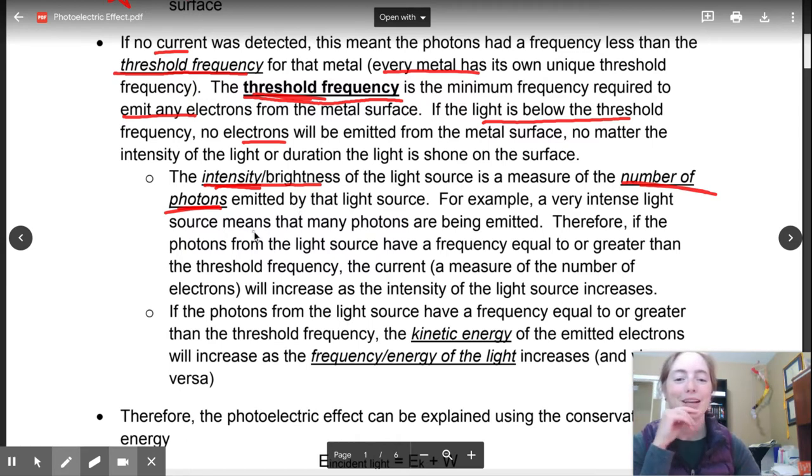Very, very bright, intense light is going to have a ton of photons, but if the frequency is too low, you're not going to knock free any electrons. Now if you are past the threshold frequency and you have a really bright light, you're going to get more electrons knocked free.